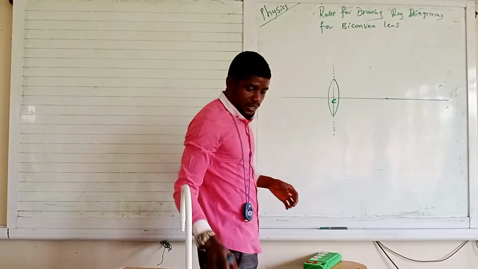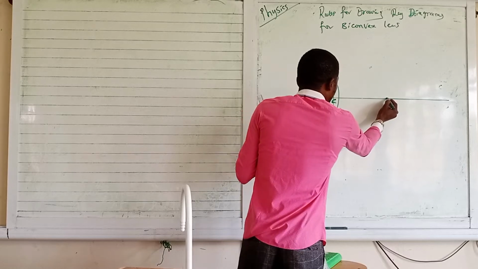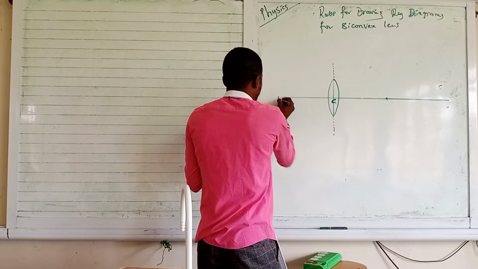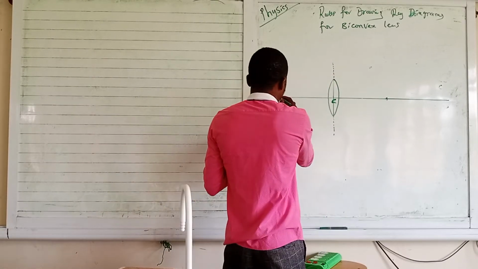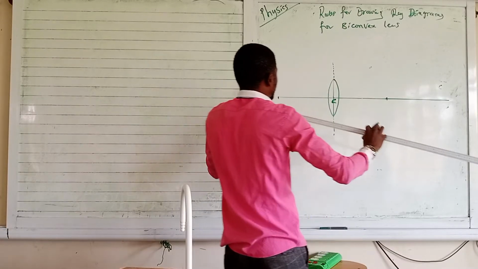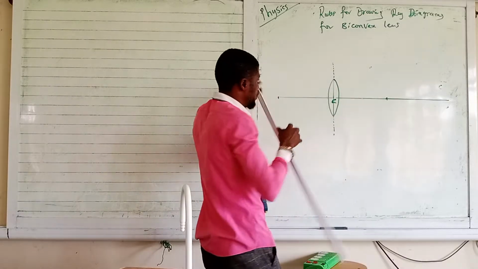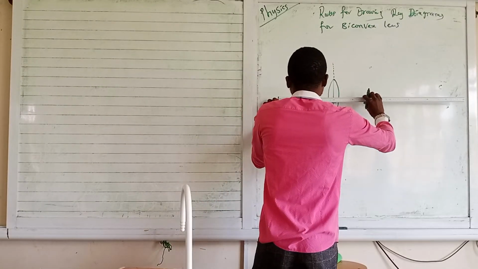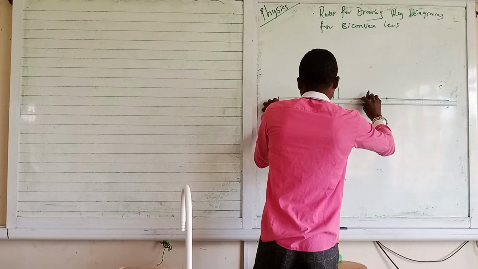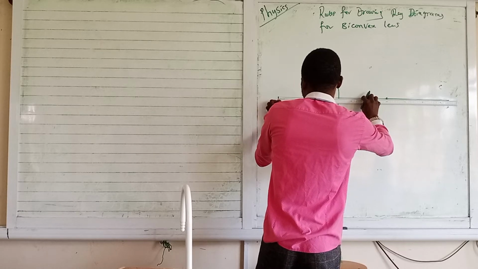Good. The next thing, mind you, from here to here is 60. So from here to here is 30, and from here to here is 30. Now, let's split from here to here into 2 and from here to here into 2. So 15 is the center of this line.